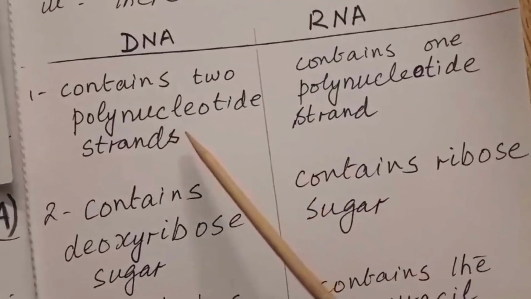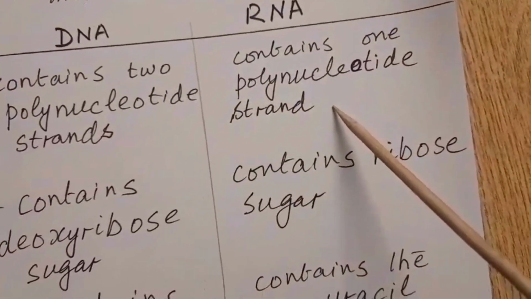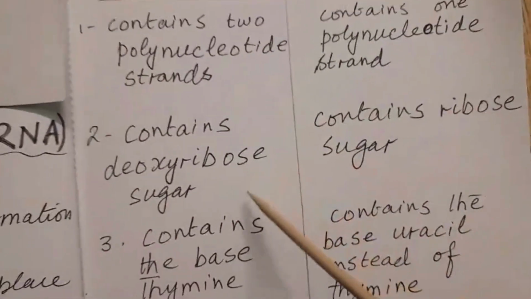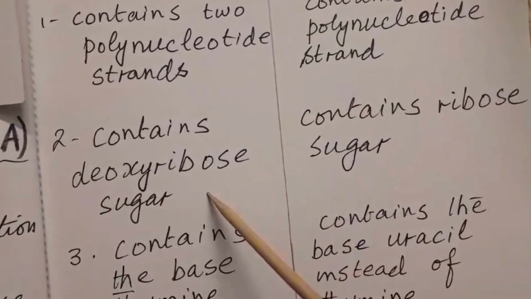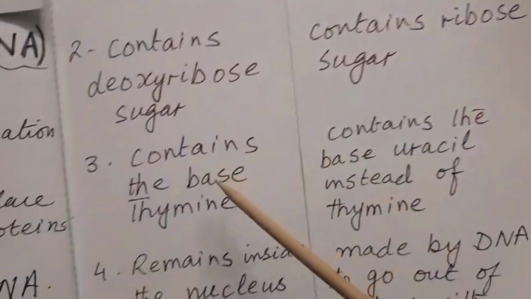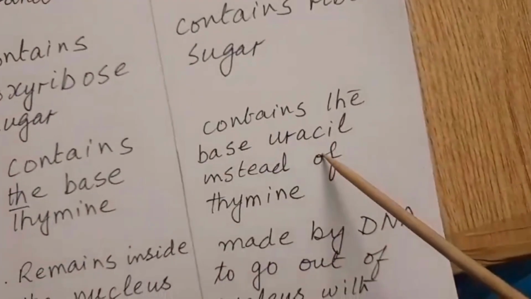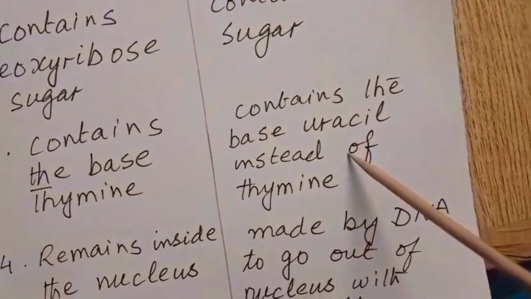DNA contains 2 polynucleotide strands. RNA contains 1 polynucleotide strand. DNA contains deoxyribose sugar. RNA contains ribose sugar. DNA contains the base thymine. RNA contains the base uracil.